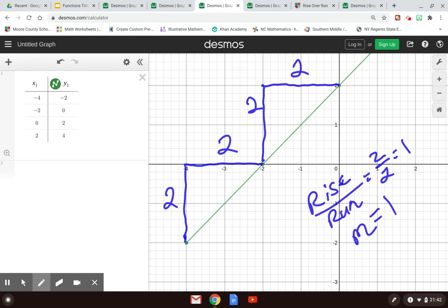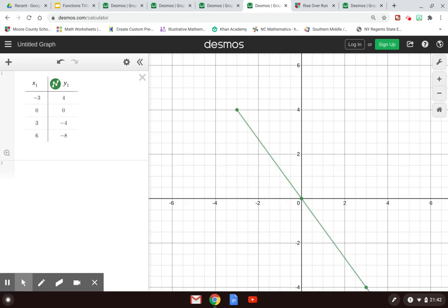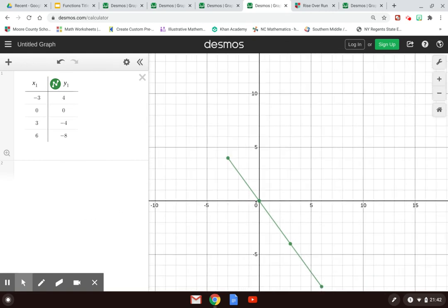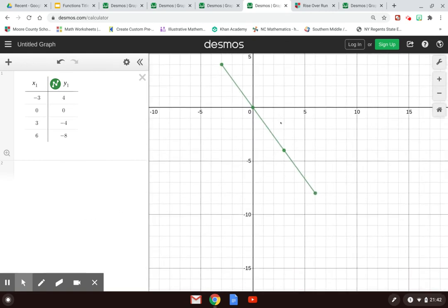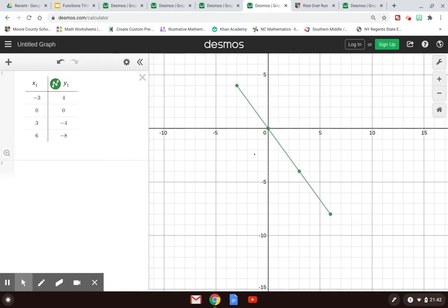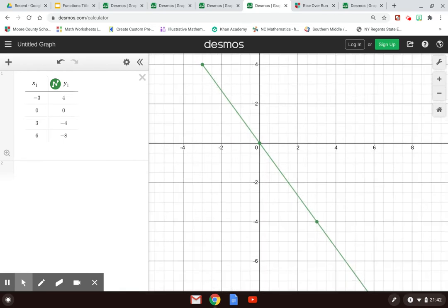All right, and one final example here. Again, we have another line from left to right that is decreasing, okay? So again, if I construct my slope triangle from point to point, this time I went down 4.